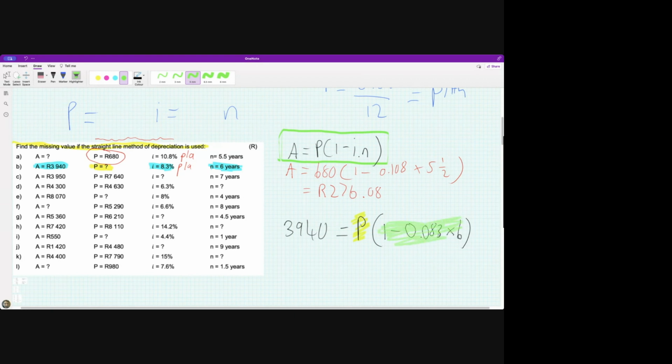But when I move it, it's going to become divide. And so what do I get for the P value when it's all by itself? I get 7848.61. So the original value of the item was 7,848.61. And then after 6 years, its value dropped to 3940.